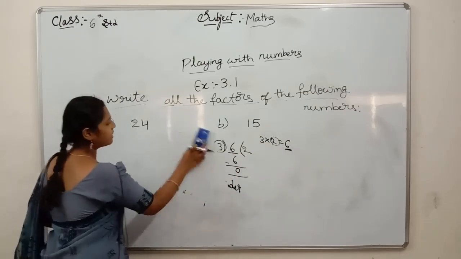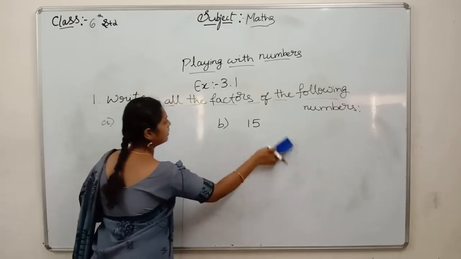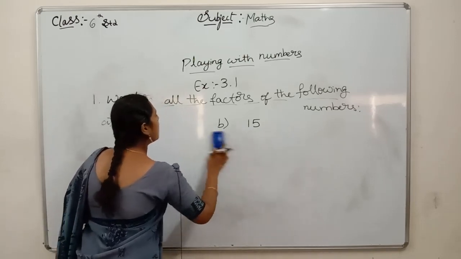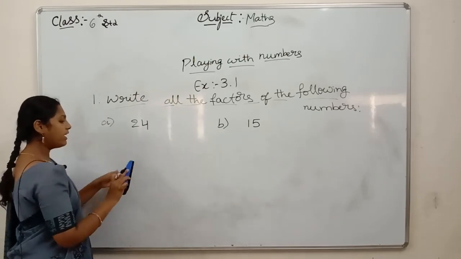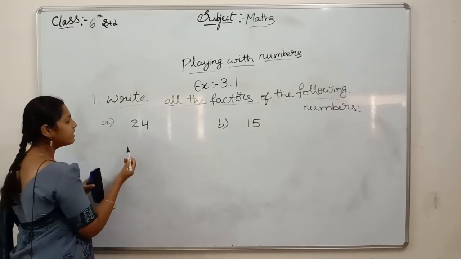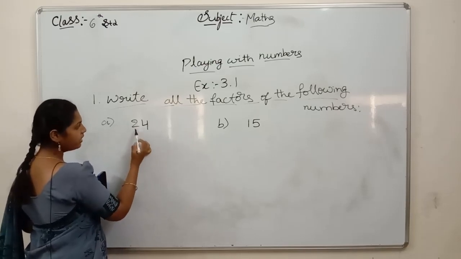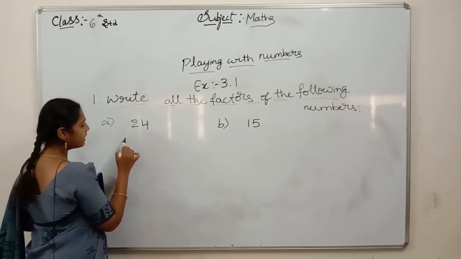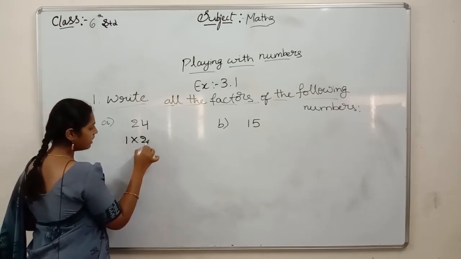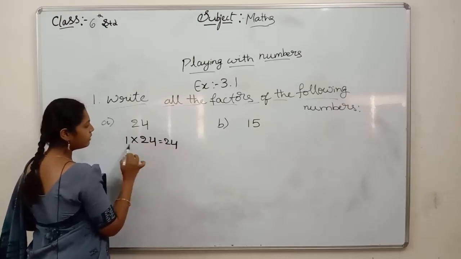We'll see the first one here. See, the first one is 24. How can we write its factors? We check in which tables the number 24 appears. First we'll see the 1 table: 1 twenty-four is 24, only 24 we get.